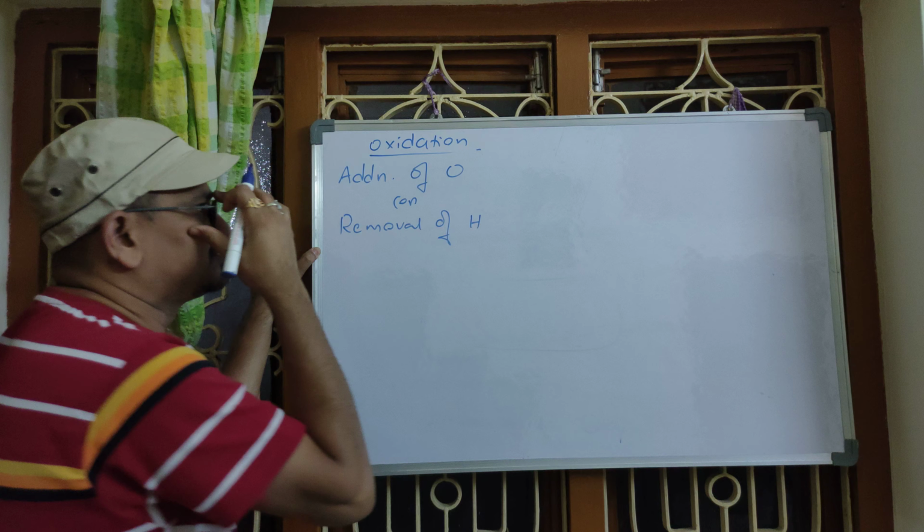This oxidation reaction, oxidizing agent, reducing agent phenomena is much more useful, right? And it is definitely required. Without this we cannot proceed in physical chemistry. That's why it is a very important area, concentrate more on this. Go through the video again and again, learn these oxidation reactions and reduction reactions properly.